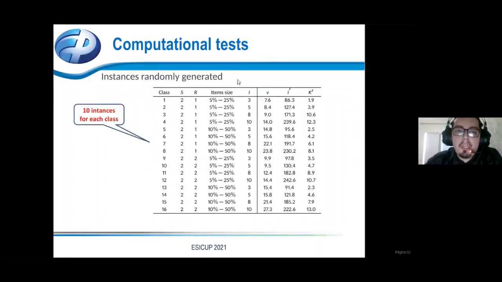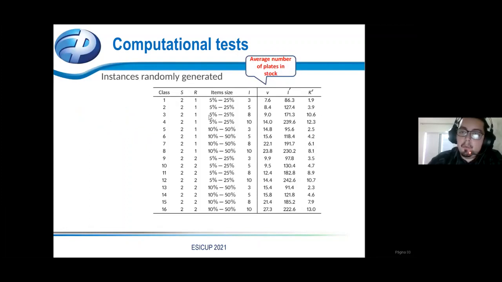We also ran tests with randomly generated instances. These are the 16 classes we tested, varying the item size and the number of types of items, and we tested 10 instances for each class.